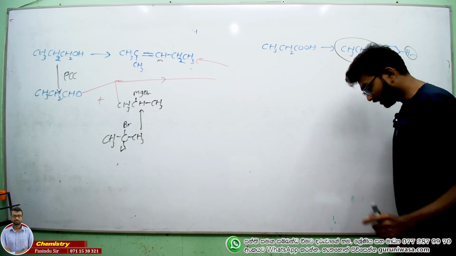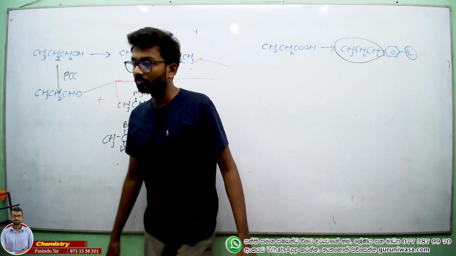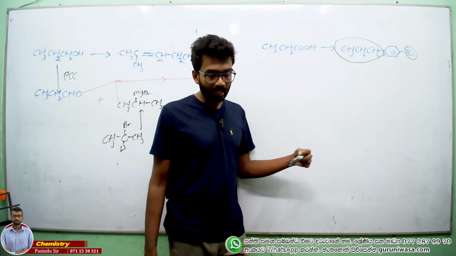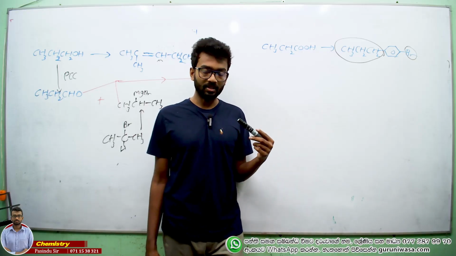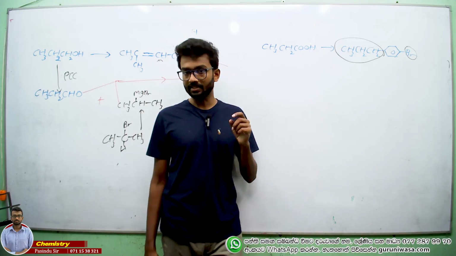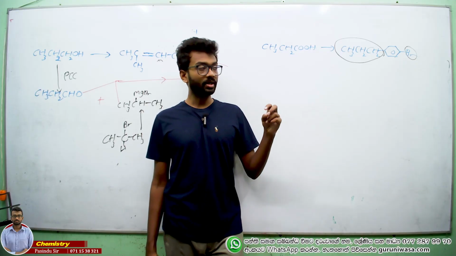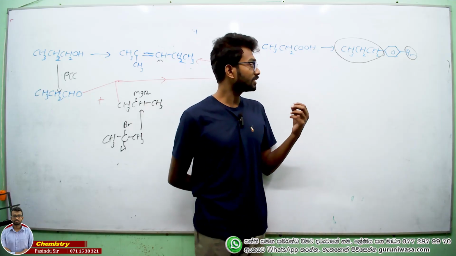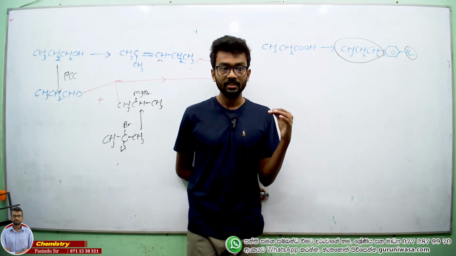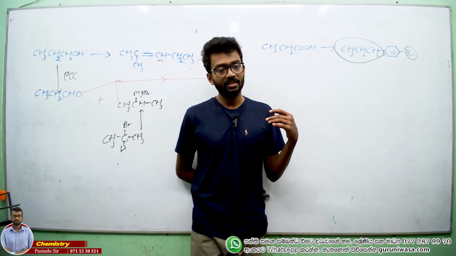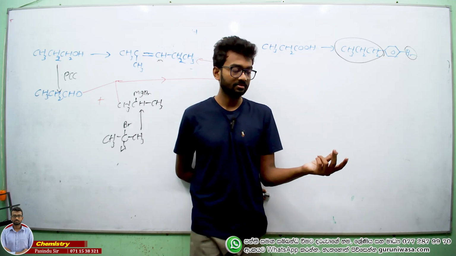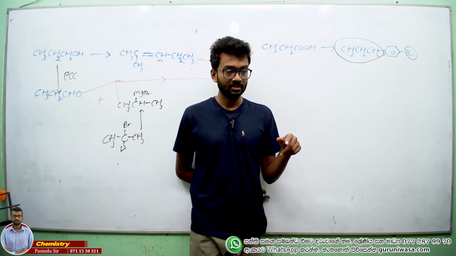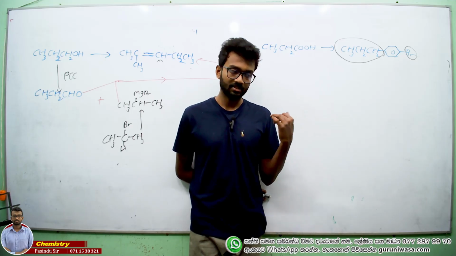But another thing, practically, we can use halogens as ortho-para directing groups, but here is a catch. Practically, when you add halides into the ring, it will deactivate the ring. Then it's hard to add a second group into the benzene, but still we can use it and it doesn't matter.